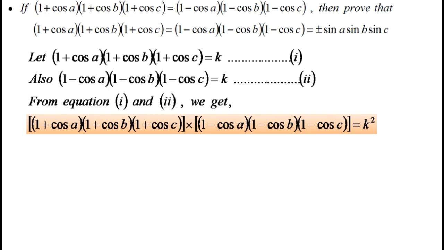Then we know a minus b into a plus b equals to a square minus b square.